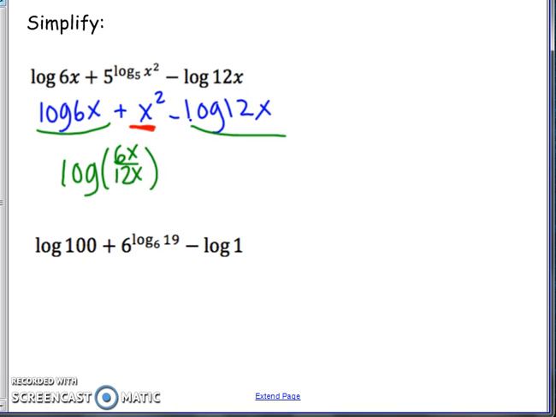When you're combining things, you keep the log, and you only need one of the logs, and then you take the numbers and you're dividing them since it's subtraction. And then we're going to keep this x squared on the outside since it's not attached to any log. And then I'm just going to simplify. So 6x over 12x, I can change this to be log of 1/2 plus x squared.